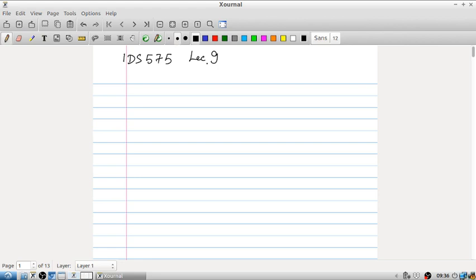Okay. Any other questions? Okay. So let me write down the 3 methods. The first one is random forest.